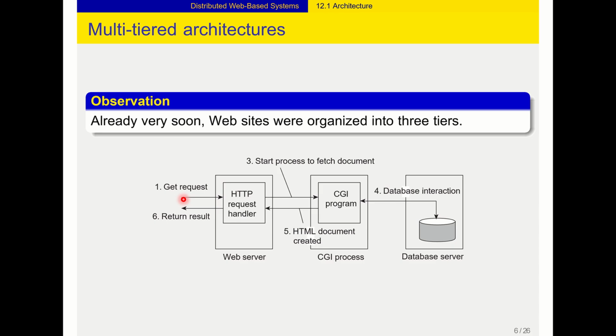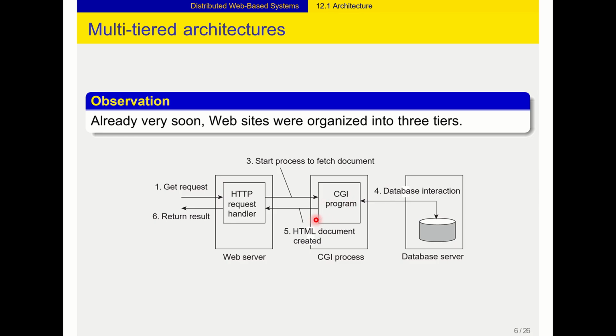The web server gets the request from the browser. It recognizes that the requested resource must be handled by a CGI program rather than returning a static file by the HTTP request handler. So the server will delegate the request to a CGI program.